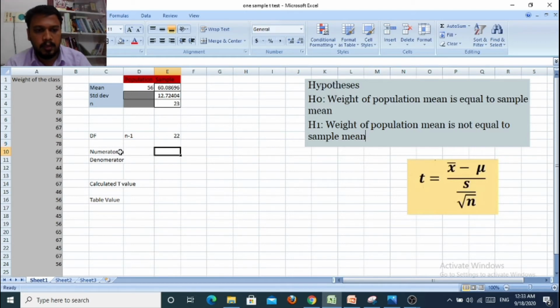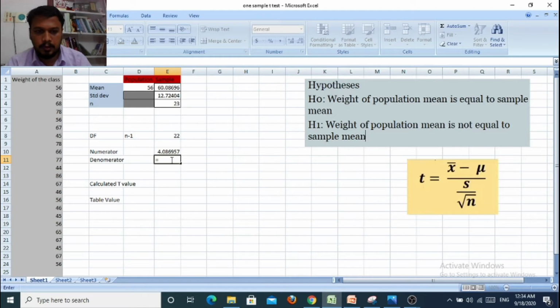Now we are going to calculate the numerator part. Here you have the sample mean minus the population mean. Enter. Now you are going to calculate the denominator.